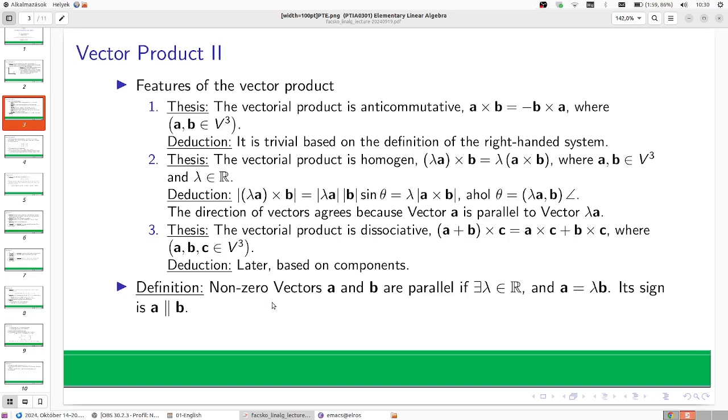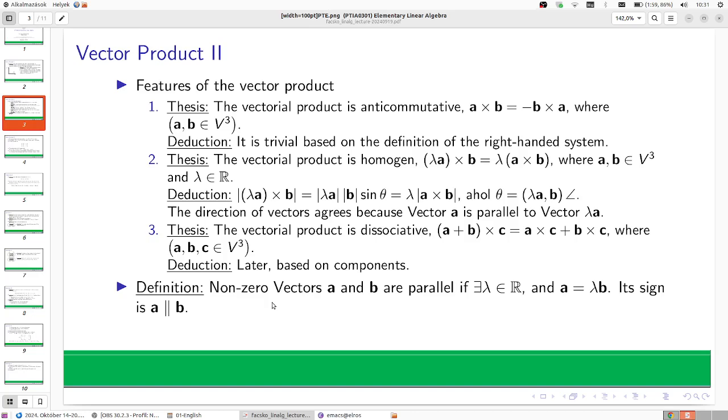And okay, the other definition: if you have two parallel vectors, then the vector product is 0, because the angle is 0 and the sine of the zero angle is 0. So you get a zero length vector. This gives another definition for parallel vectors.